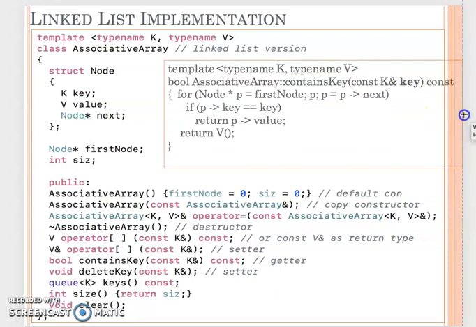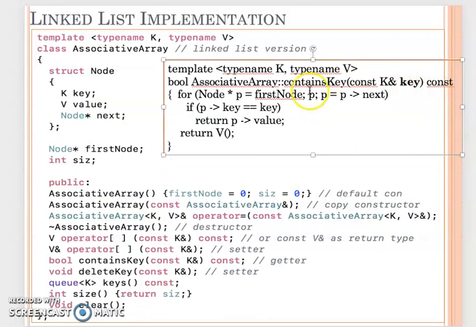For this getter function, we still have the for loop. We still compare whether p key is equal to the key or not. If that's right, we found the key, and we just return true. Otherwise, if we finish the for loop without finding it, we return false. So that's our two getter functions.